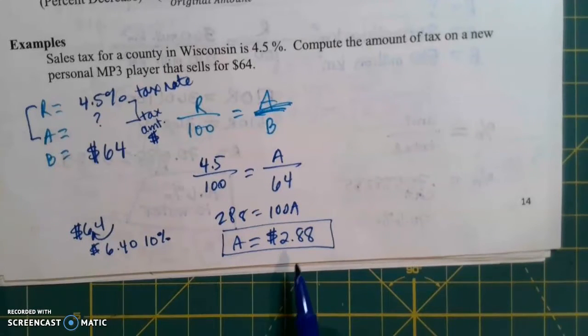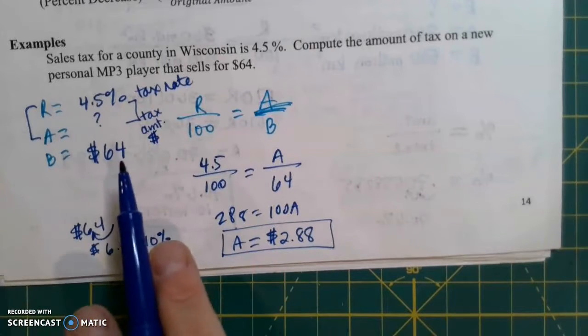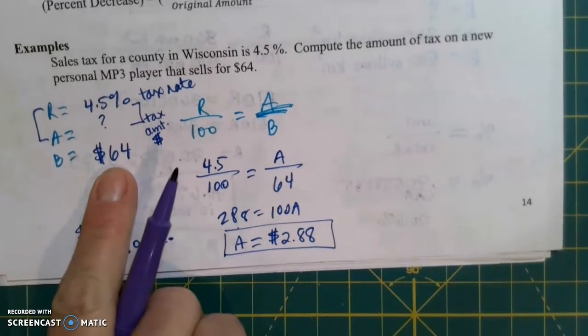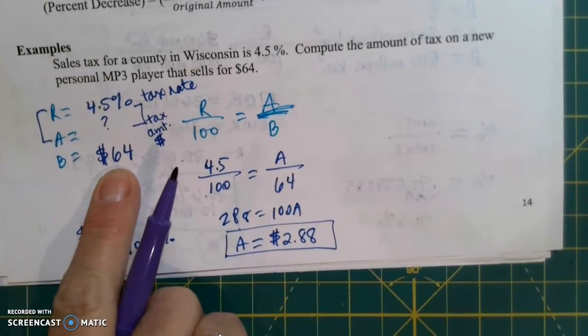Now, if you had gotten something that, for example, was larger than $64 or was maybe like $28.80, which is an easy thing to do if you make a mistake with moving your decimal point, then this is where you have to think about, does $28.80 of tax make sense if I'm only looking for less than 5% of this?